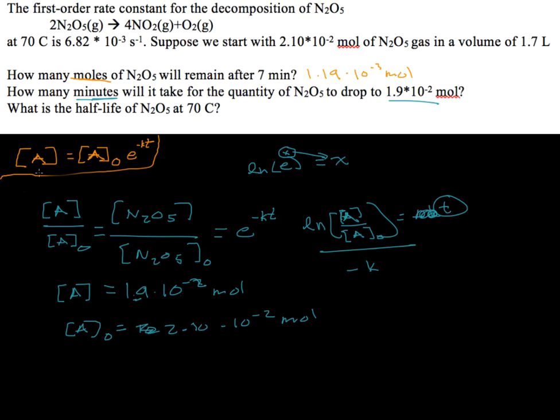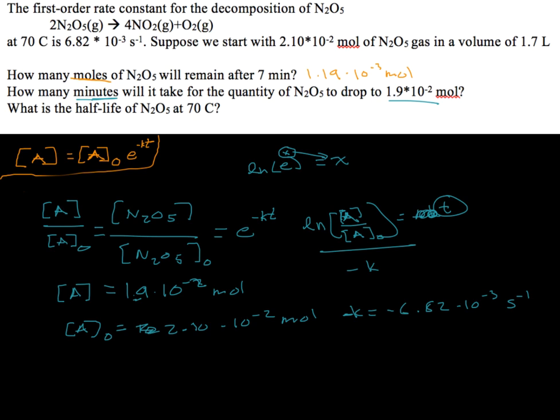We have the rate constant is 6.82, and we're going to have negative k, so that equals negative 6.82 times 10 to the negative third times 1 over seconds.